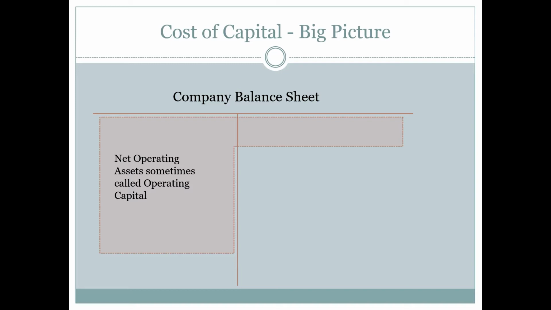Now, what the balance sheet tells us is that the right-hand side is where all of the money to buy all of those assets came from. Some of the money to buy the assets was raised by issuing debt or taking out loans. Some of it might have been raised by selling shares of preferred equity, and some of it might have been raised by selling shares of common equity.